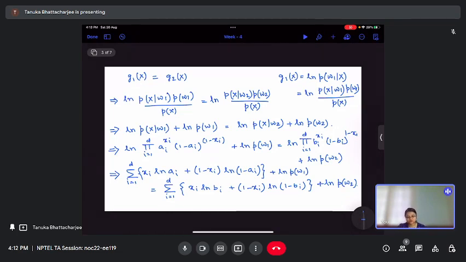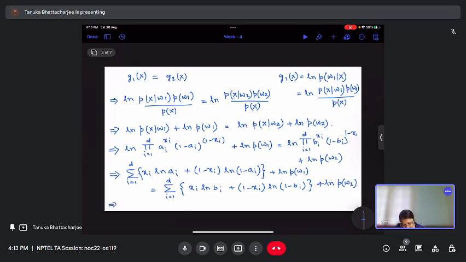Now you see the first term in the summation on both sides has xi, and the second term has 1 minus xi. So we can club the terms with xi together and the ones with 1 minus xi together, and the remaining two prior probabilities together.